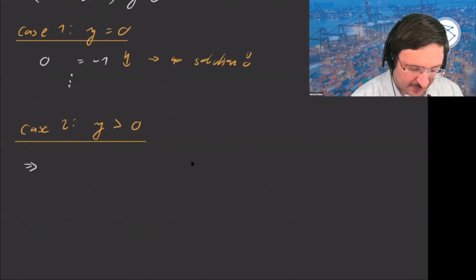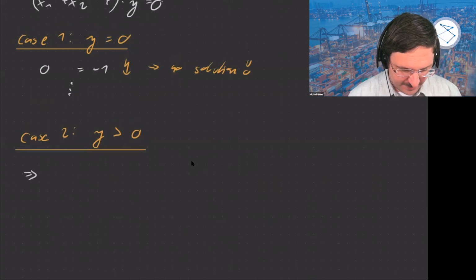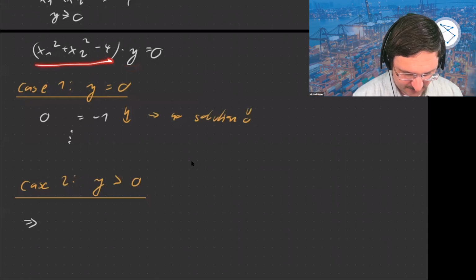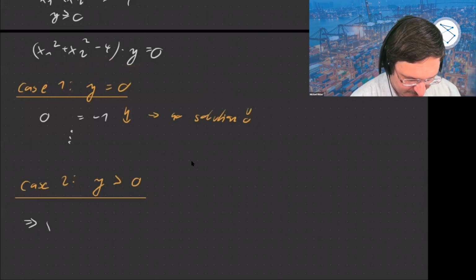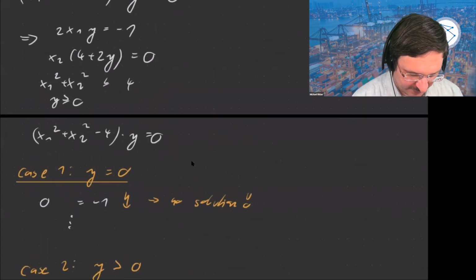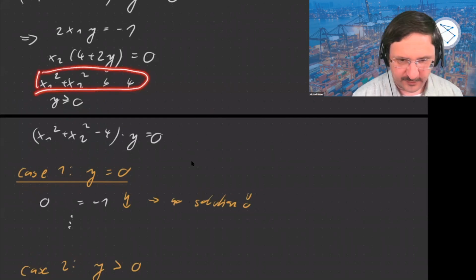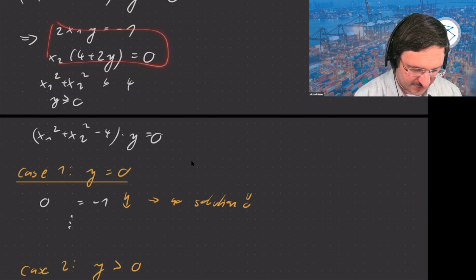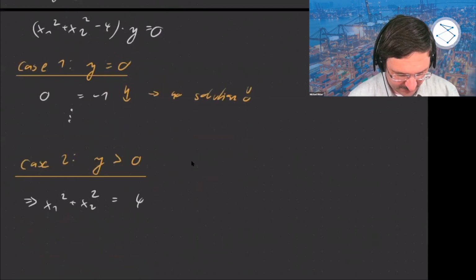And by the complementarity condition, that means if this is not 0, then this has to be 0. So x1 squared plus x2 squared is equal to 4. So in other words, this here is fulfilled with equality. And of course, these two still need to hold, so we copy those two.